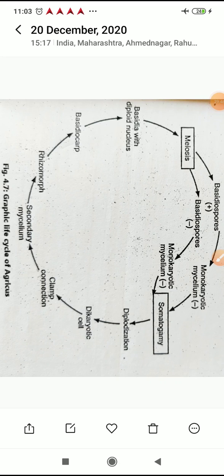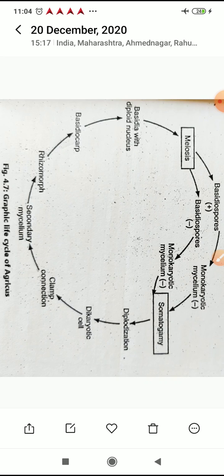So in brief, we will see what is the systematic position or classification of Agaricus bisporus. It belongs to kingdom Fungi, division Eumycota, the higher fungi.